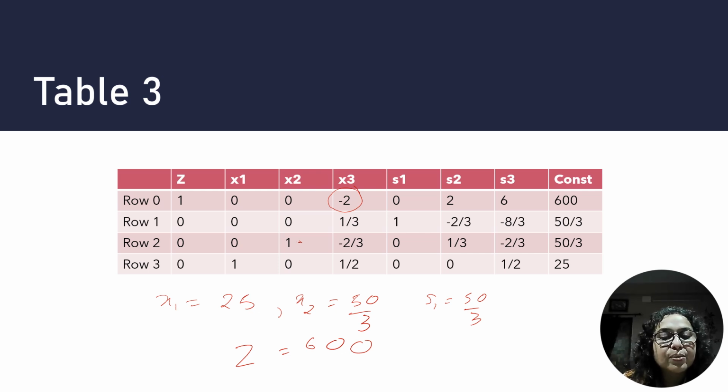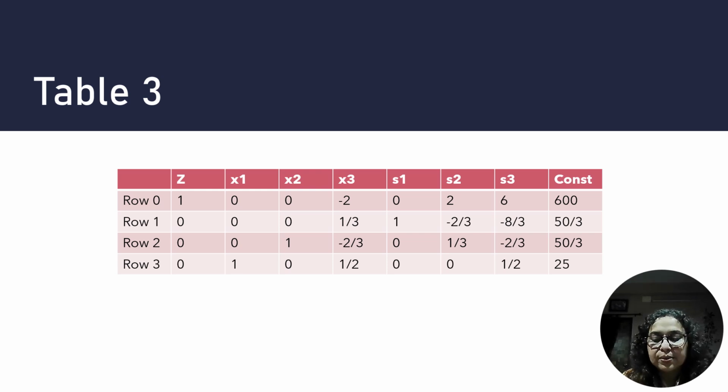So let's do that. So we have got this table 3 and initial solution. And again, we'll start with a set of new pivot steps to bring in this variable x3 into the basis, right? Let's see how we do that.